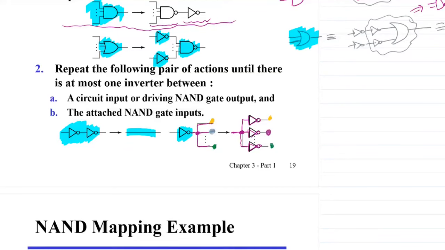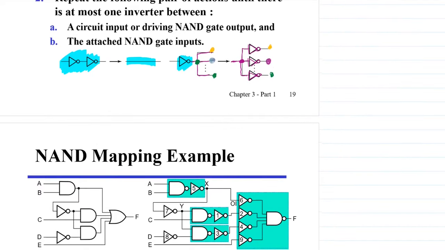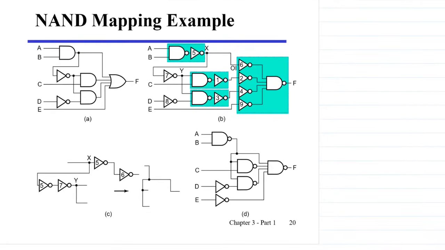Therefore, if we want to push the inverter towards the right side of a branch point, we need to repeat the inverter on the right-hand side. In this way, we will be able to combine the inverters with each other, and at the end we will end up with the minimum number of inverters, and only the NAND gates will be left.